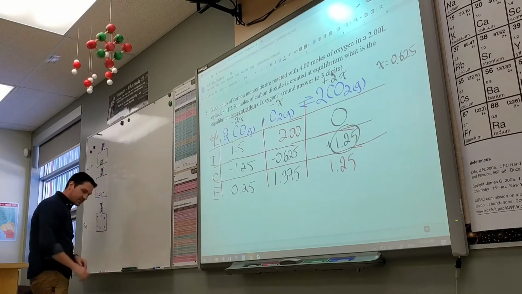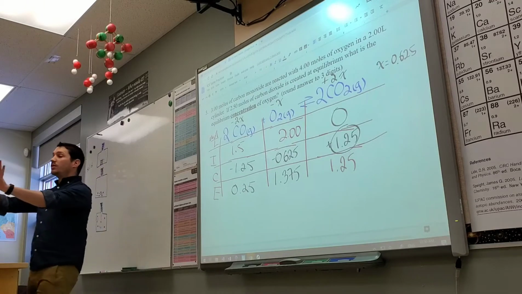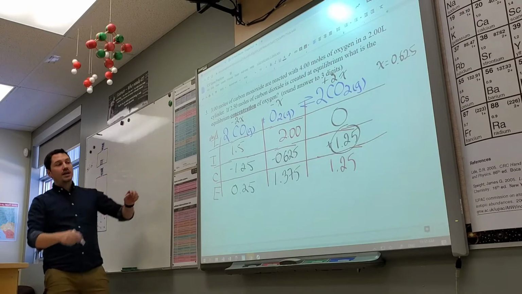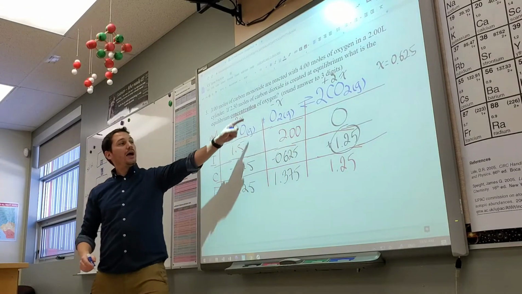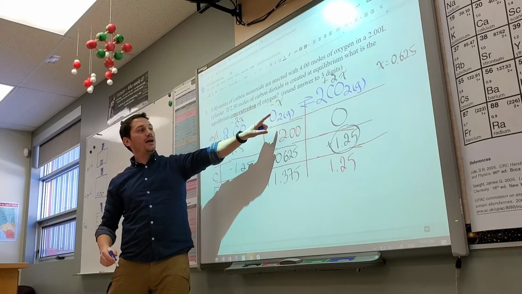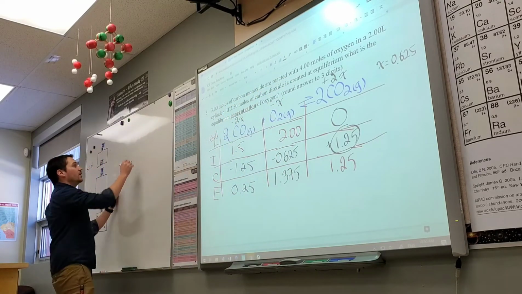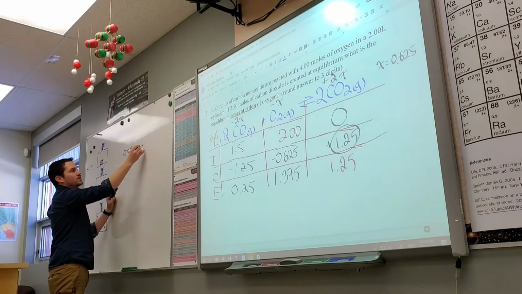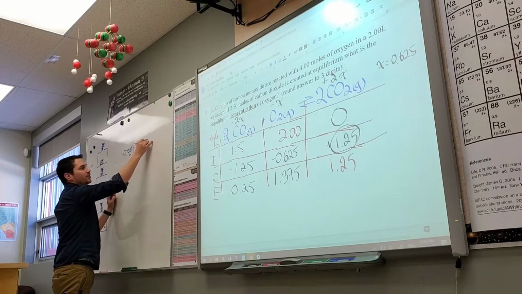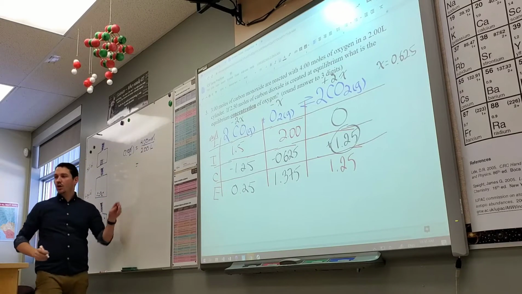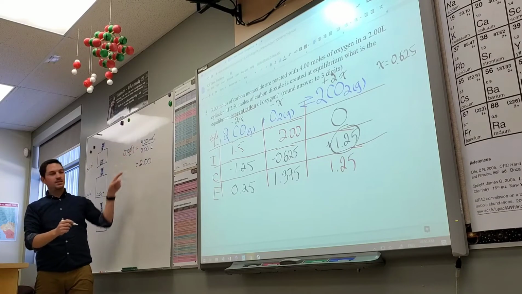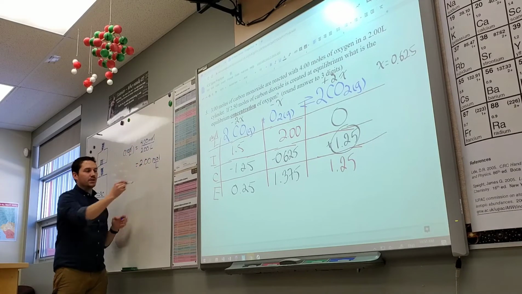In order to get 2.00, I had to take 4.00 and divide it by 2.00, right? So my concentration in moles per liter was 4.00 moles over 2.00 liters. So 4 divided by 2 is 2, and I should have 3 significant digits, moles per liter.